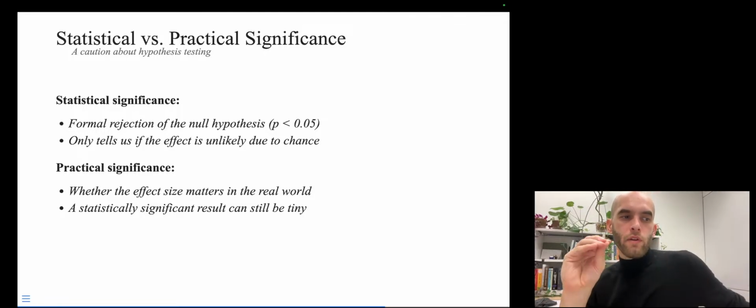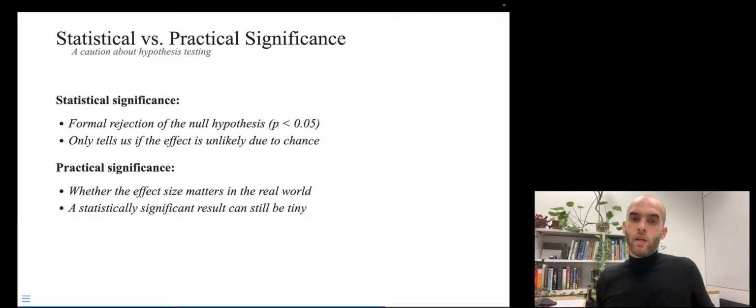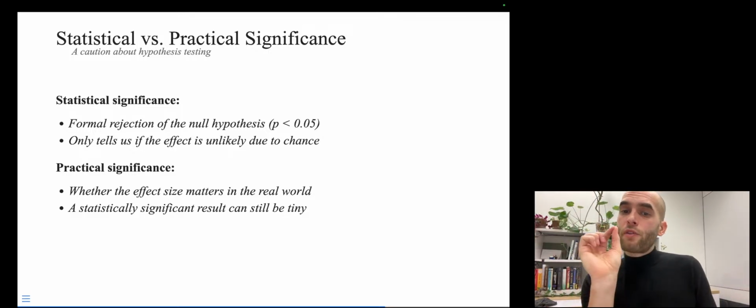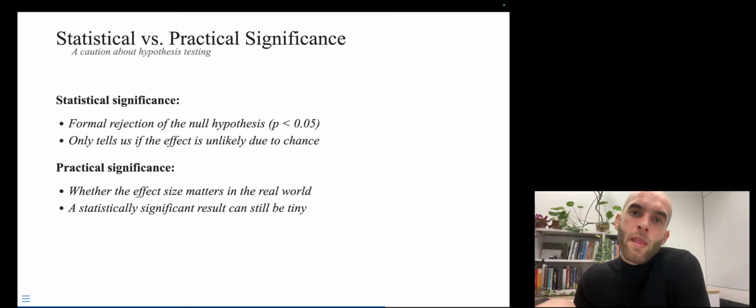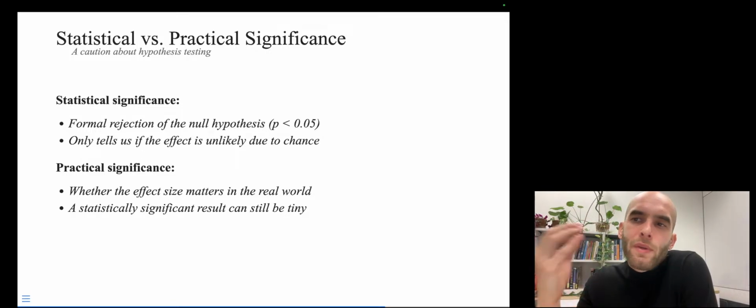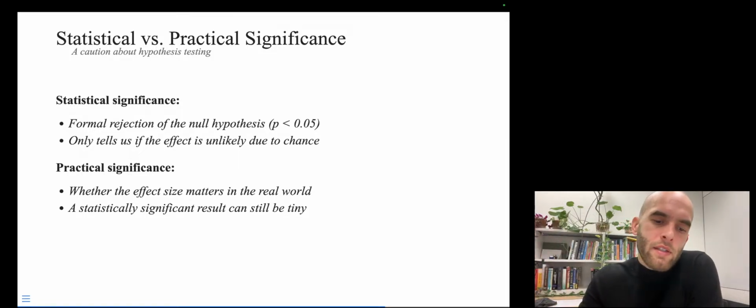Because often we run models with very large sample sizes, we can actually find very tiny results, which may not have clear practical significance. So just because we're able to reject a null doesn't necessarily mean that what we found is meaningful.